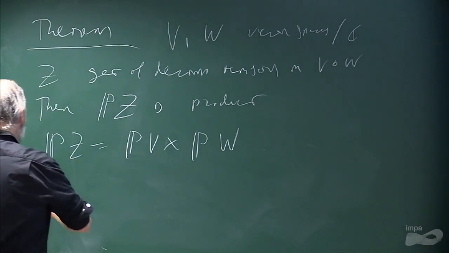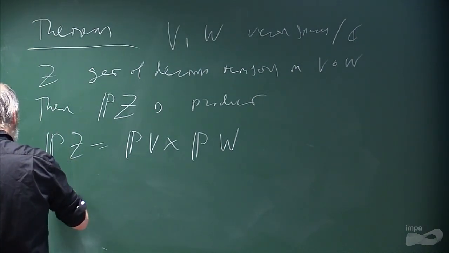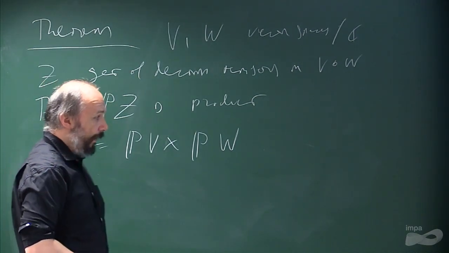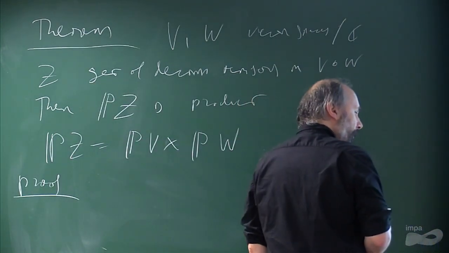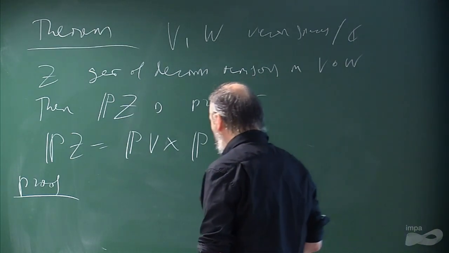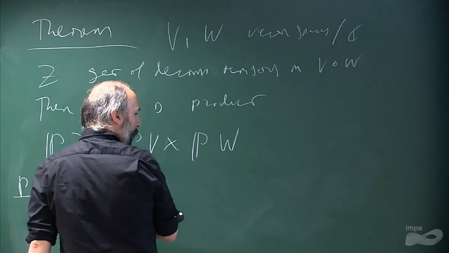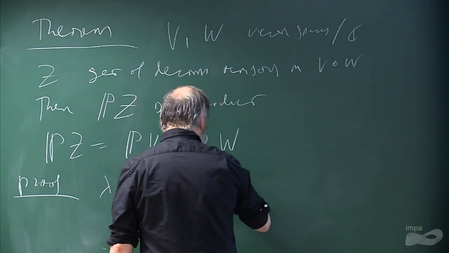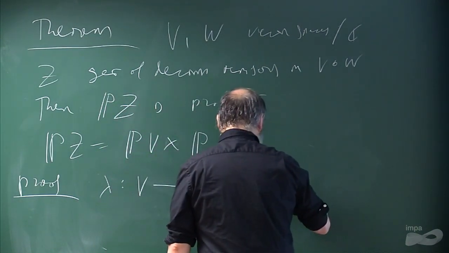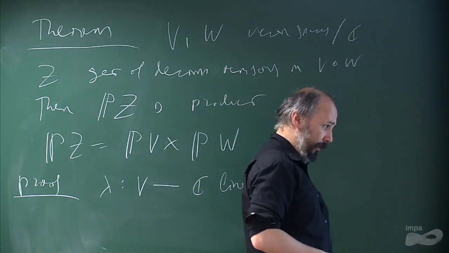Now, the proof is not hard. The idea is that we need to construct projection maps, right? So you take any linear functional lambda from, say, V to C, a linear map, non-zero, obviously. For zero, it's not interesting.